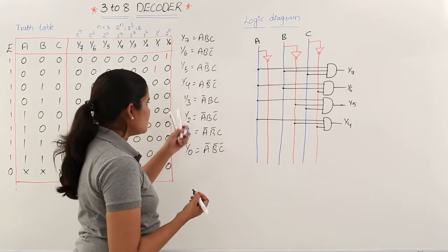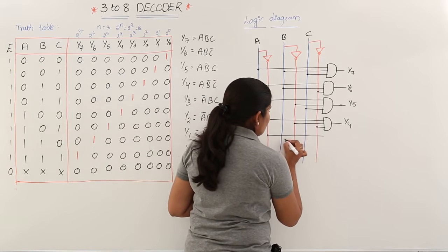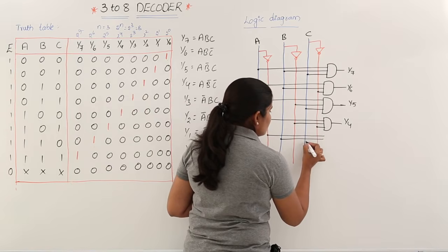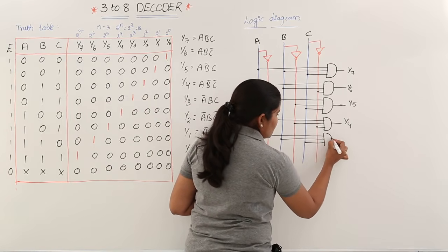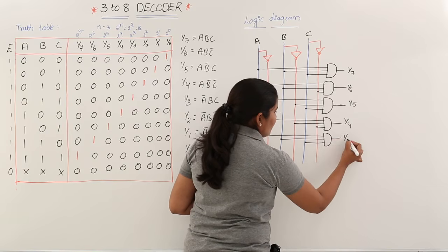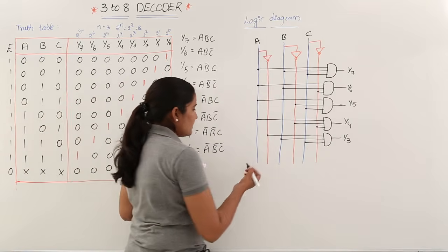y3 is nothing but A bar, B, C. Here this is A bar, and B into C. Multiplication of all these 3 with an AND gate provides you y3. In the similar way, y2 is A bar, B, C bar.